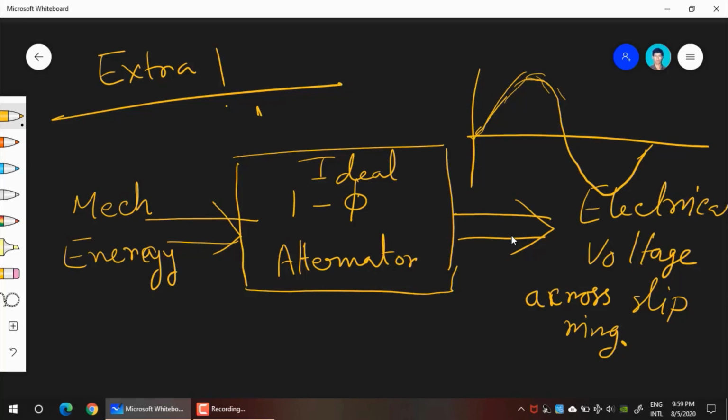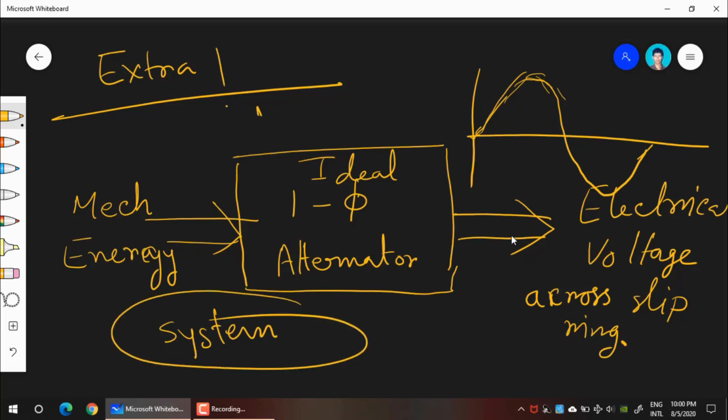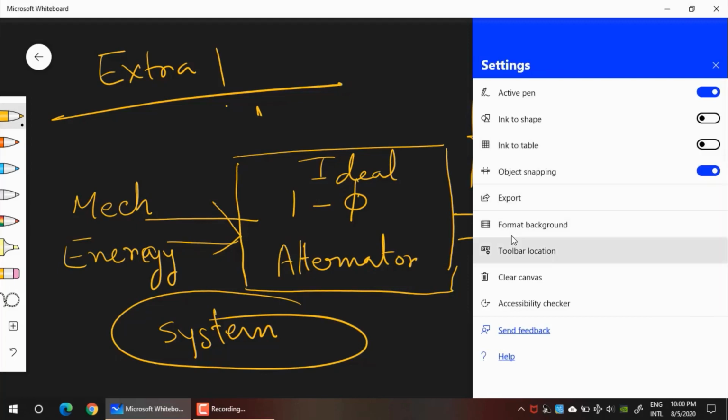Whenever we are talking about a signal, it is generated or produced by means of some system. So, what is a system?